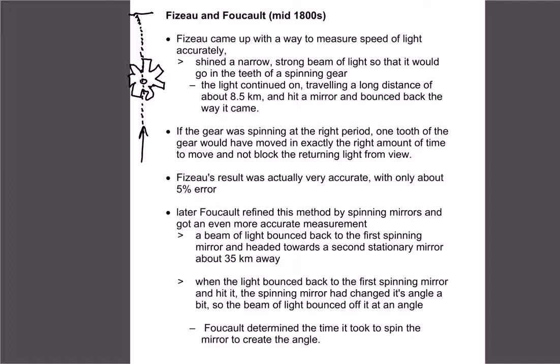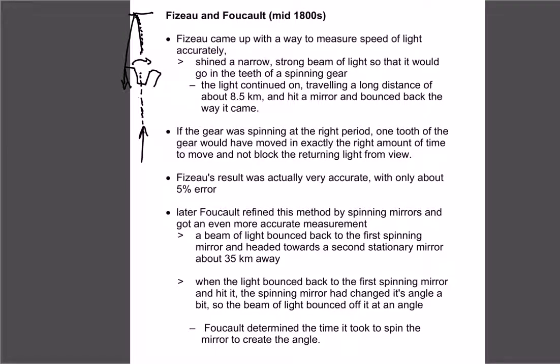So if you imagine the gear spins, let me just erase this here a bit. So if the light's traveling and it goes through the space of the gear, and the gear rotates one tooth, the light would go through this cog, and then when it hits the mirror and reflects, it would actually come back through the next cog as it rotated.